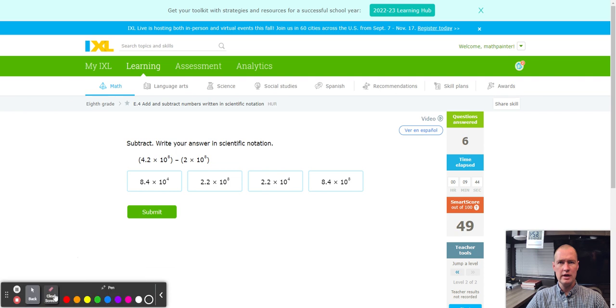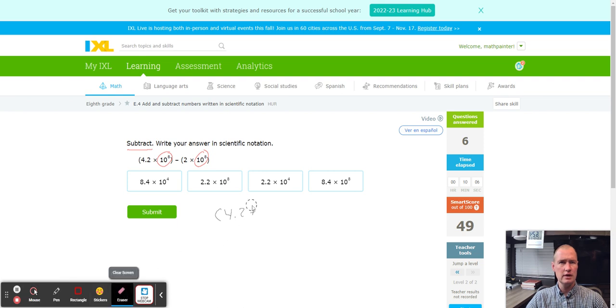All right, next we have subtract, 10 to the 8, 10 to the 8th. Okay, nice. So we could just go ahead and subtract it straightforward. So we got 4.2 plus, I don't know why I said plus because of the minus there.